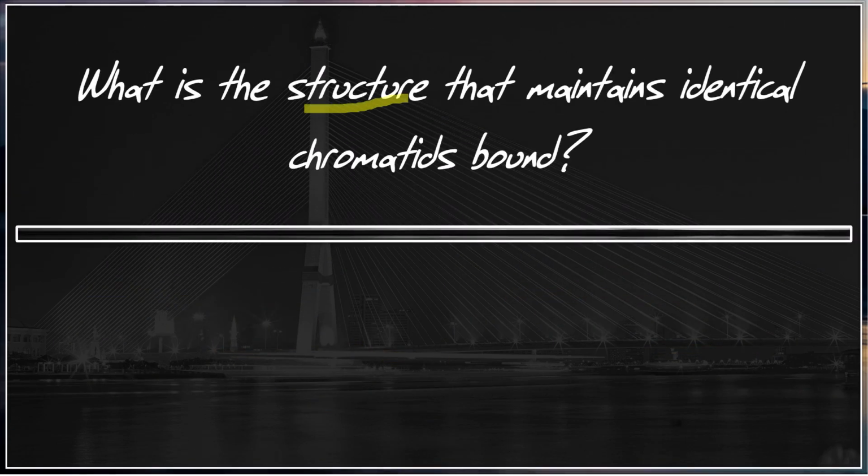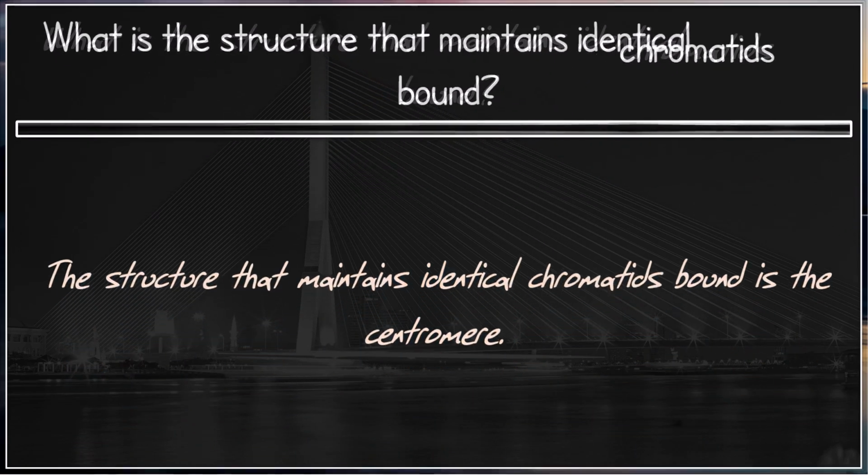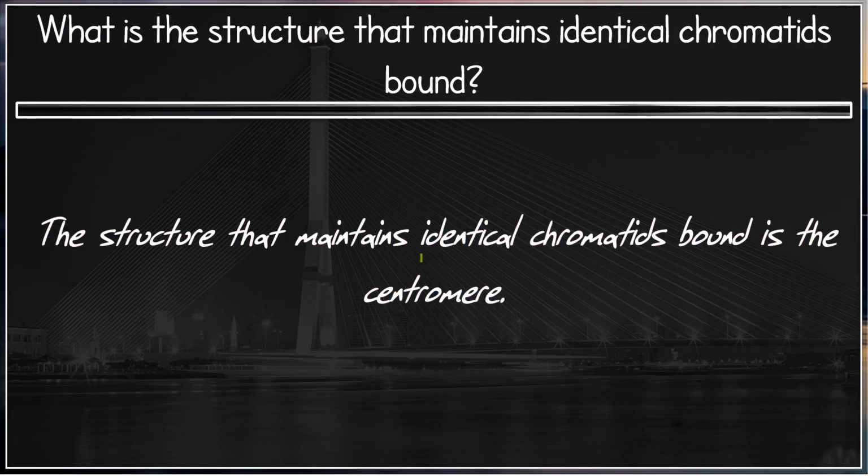What is the structure that maintains identical chromatids bound? The structure that maintains identical chromatids bound is the centromere.